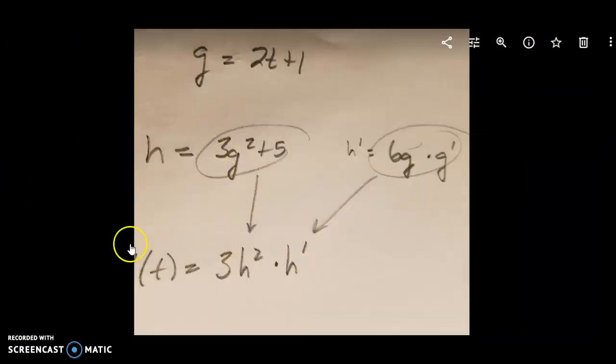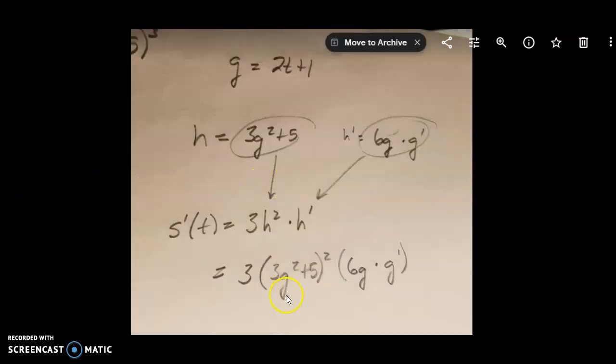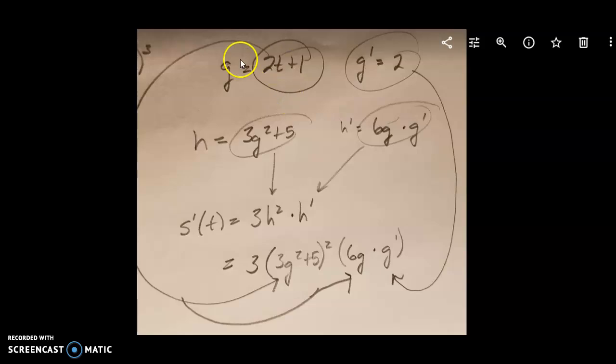So I can plug and chug. Now it looks like 3 times 3g squared plus 5 quantity squared times 6g times g prime. So I need to have g prime, and as soon as I get there, I'll have the original variable of t. So I need to throw in g, need to throw in 2. It looks like g prime is 2.